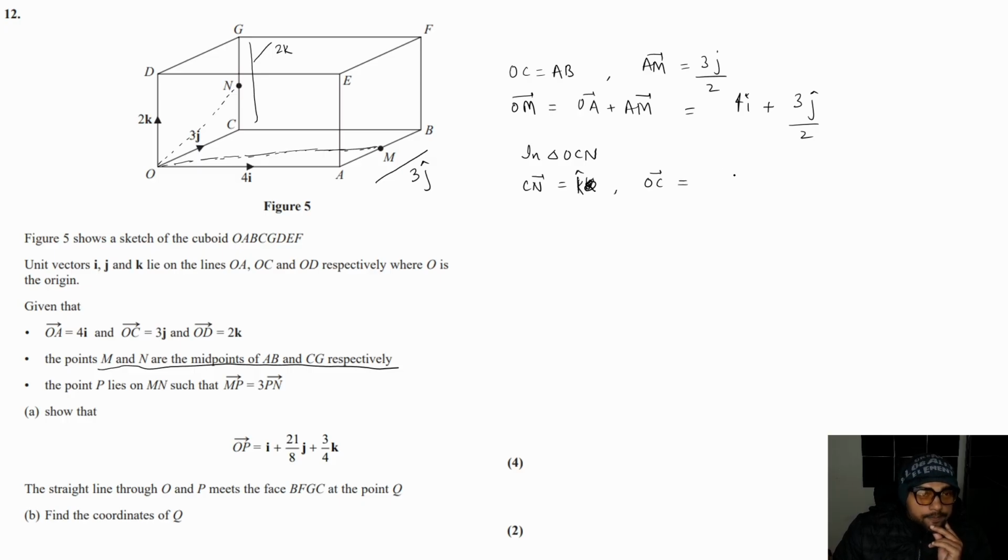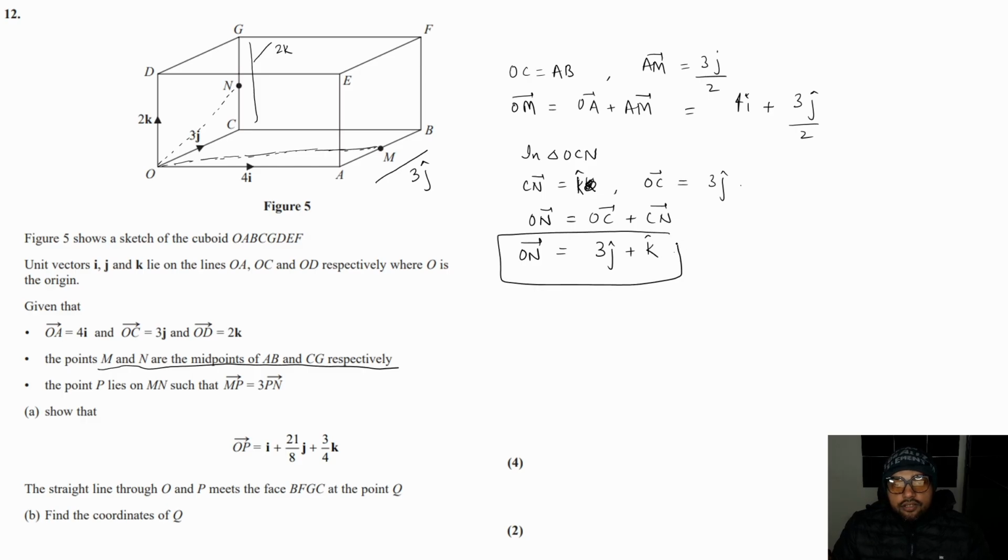OC vector will be 3j. So in the triangle OCN, we can say that ON vector will be equal to OC vector plus CN vector. So OC is here 3j plus CN, that is k. So we have got the values of ON and OM.